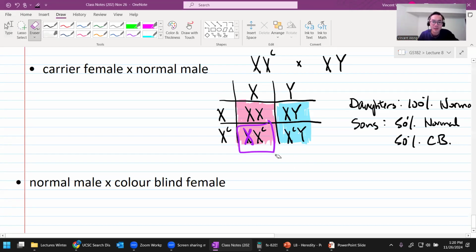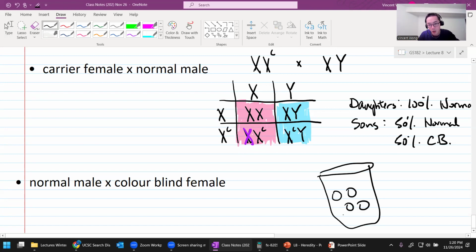It's kind of like this. Let's say there's a bag of balls, and there's a red one in there. You cannot see the balls. If we are talking about a dominant trait, because males only have one X, we would stick our hand in and take out one ball, and that's it.